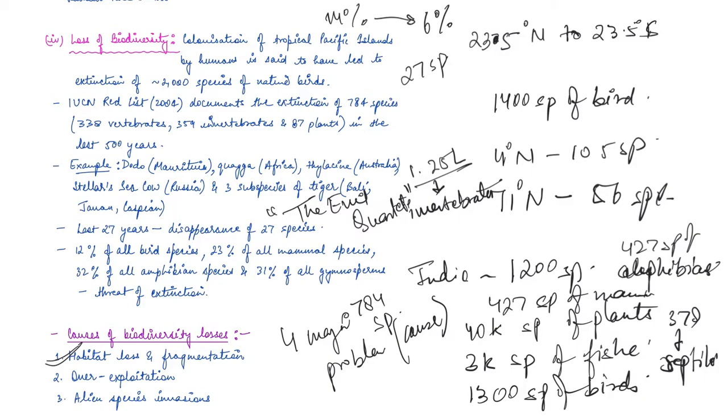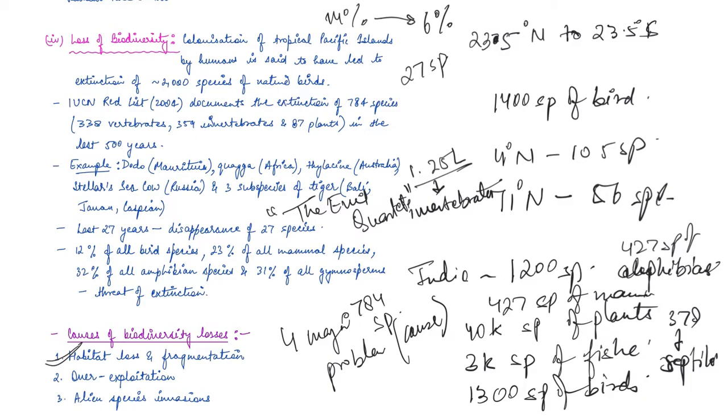Now, when large habitats are broken up into small fragments due to various human activities, mammals and birds who require these habitats very badly are affected, and this leads to population decline. So the major reason is habitat loss and fragmentation.